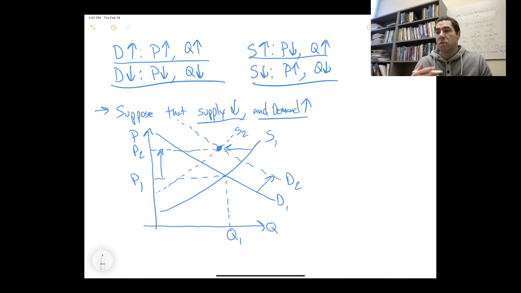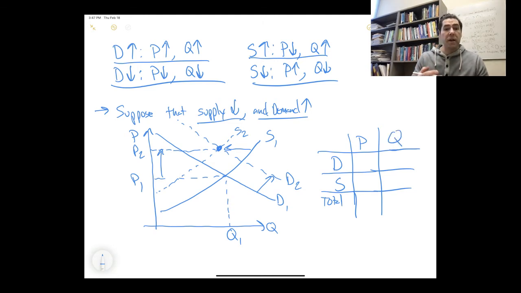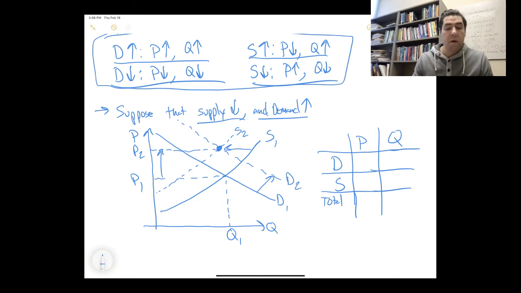So when I'm dealing with two curves shifting, I'll make a table. I'll put demand and supply, and then the total effect here. And I'll put the price and the quantity. And then I can use the individual shift information that I have up here in order to fill out my table. So let's take the change in demand.